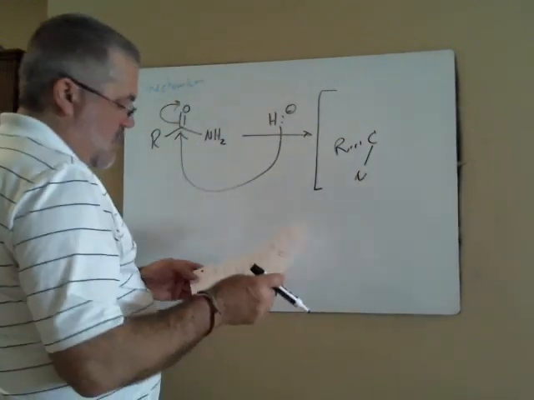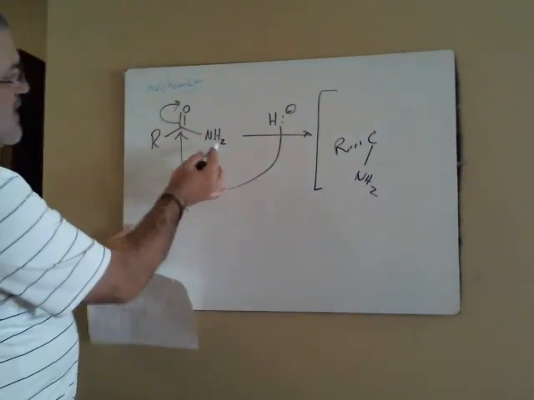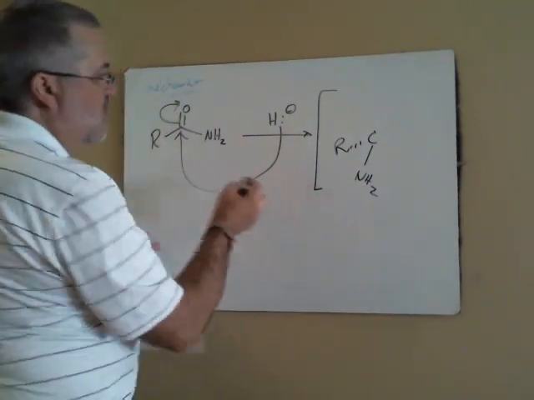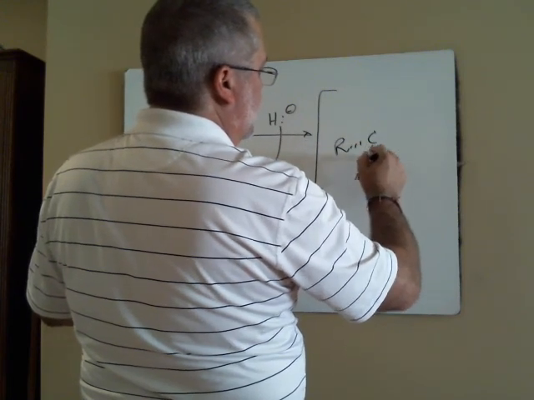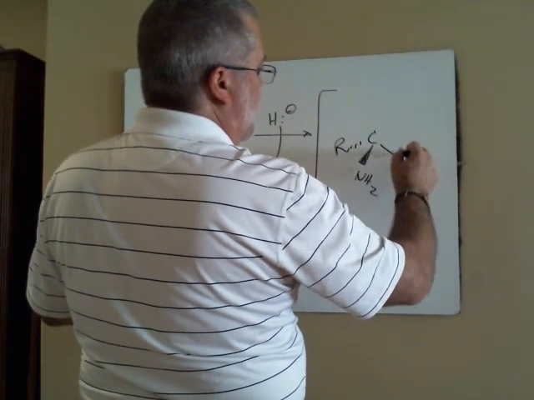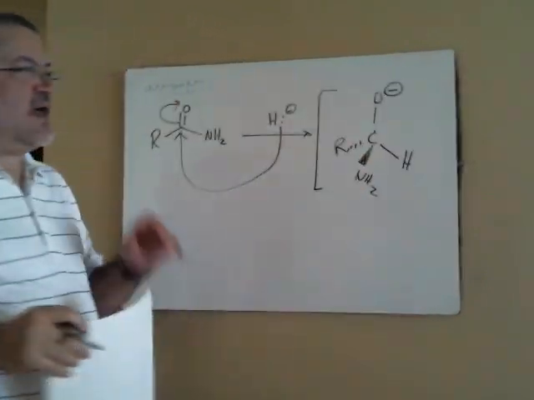And so that's NH2. So that's the NH2 group. I've added an H. Let's make this the wedge. I've added an H as my nucleophile, and I have that O minus.